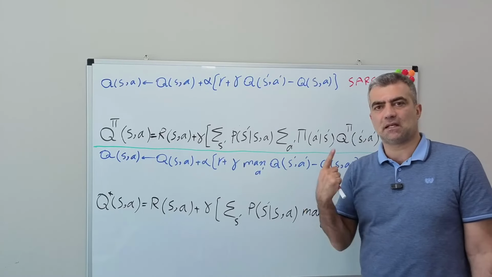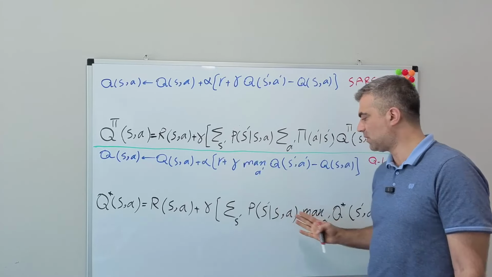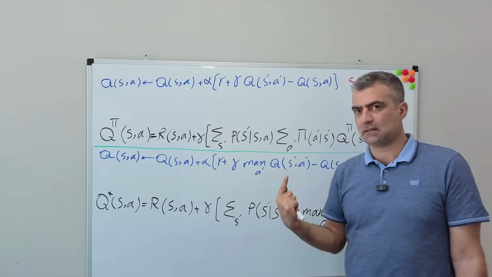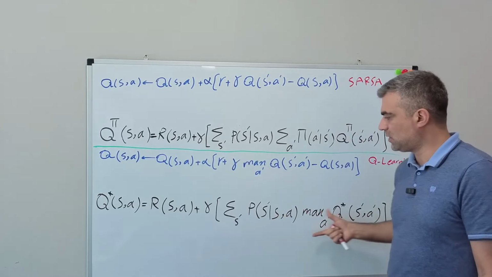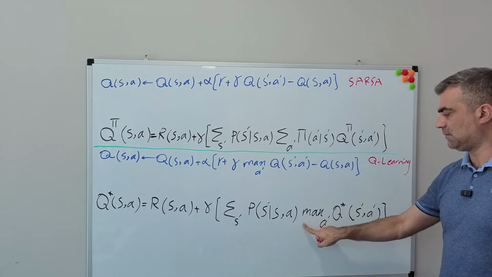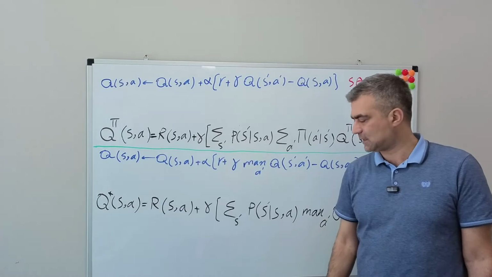It can be that there is just one action probable. That means all probabilities are 0, and just one action has the probability of 1. Then this would be equivalent to just simply the best reward that you can take from the next state.